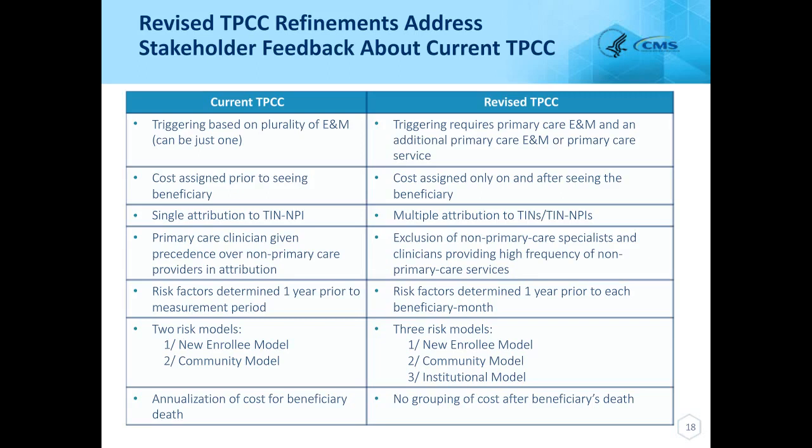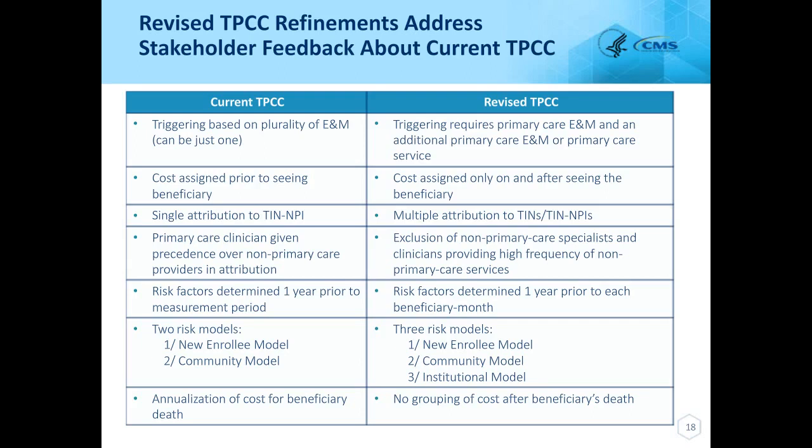The current TPCC measure uses risk factors for risk adjustment that are determined in the calendar year prior to the measurement period. The revised TPCC measure, instead of looking at the whole performance period, is averaging risk-adjusted costs across months, or beneficiary months, a month for each beneficiary.